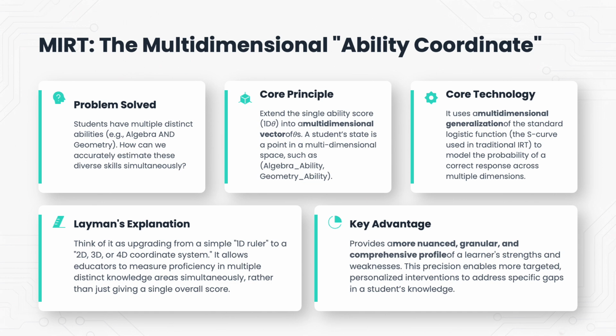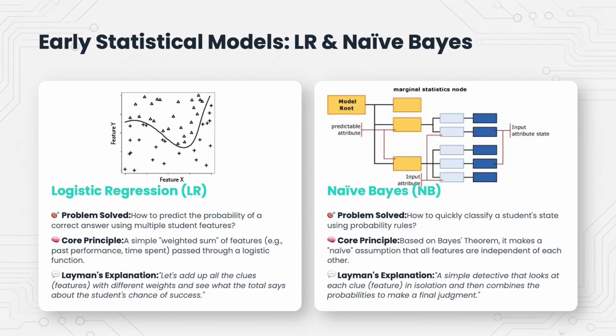Moving beyond psychometrics, we also see the rise of early statistical models. First, logistic regression, or LR. LR is incredibly intuitive. It's like creating a formula where you plug in various student features, maybe their past grades, how long they spent on a problem, and each feature gets a weight.